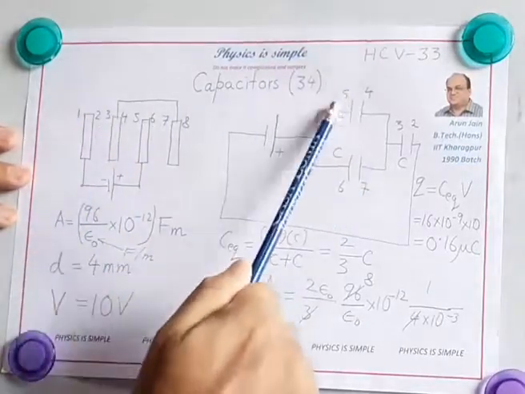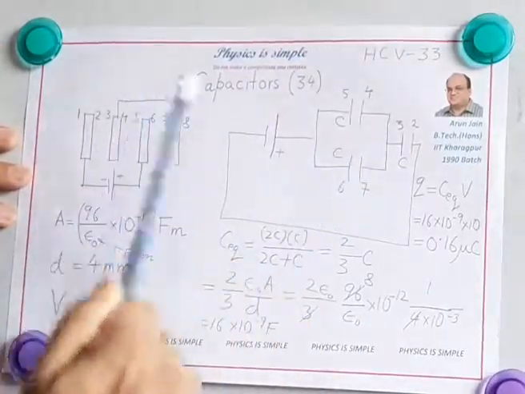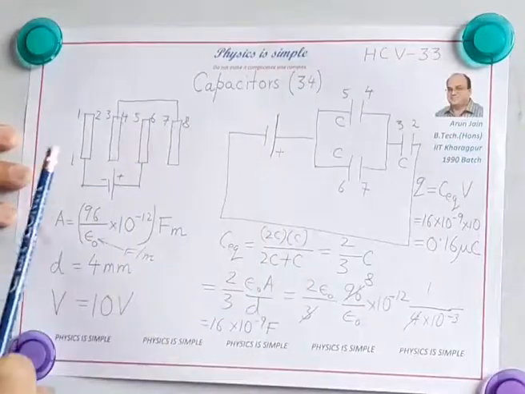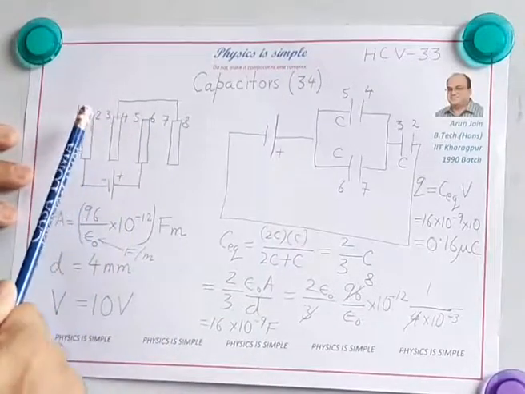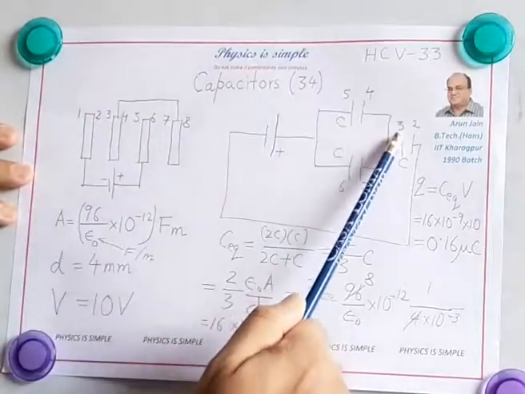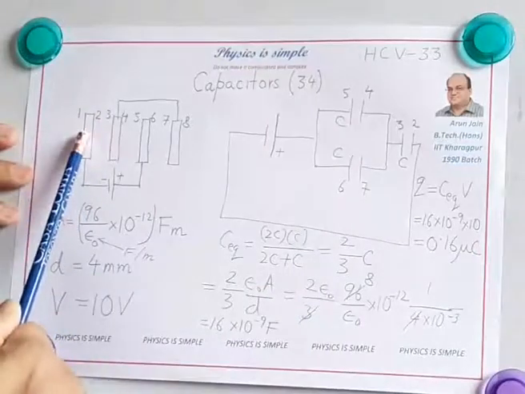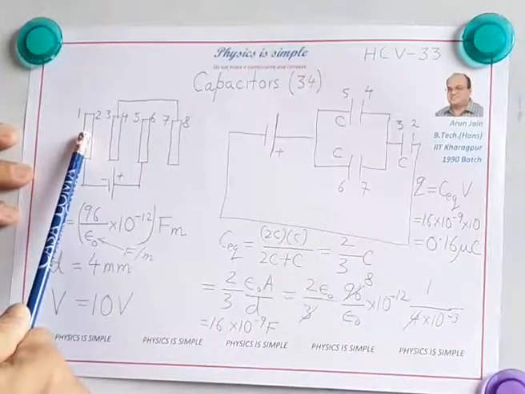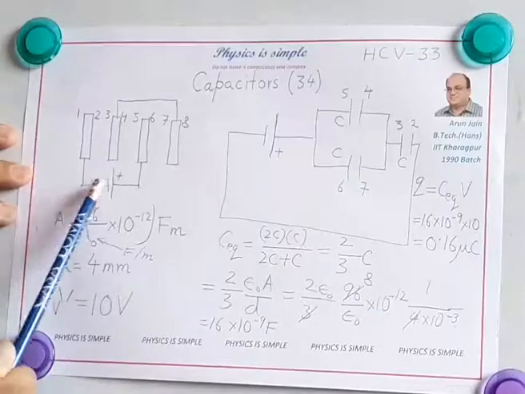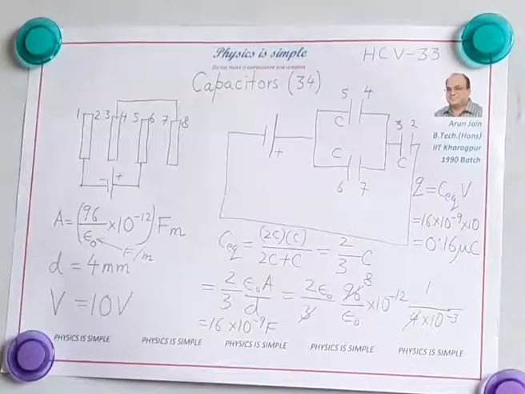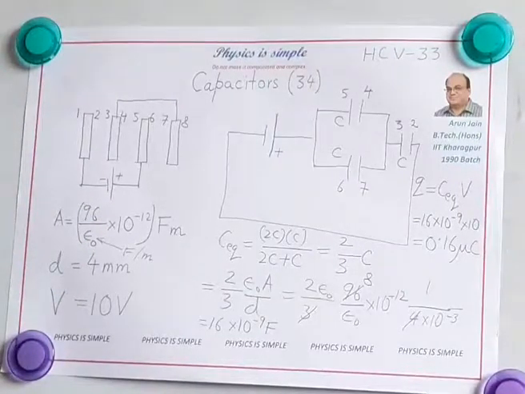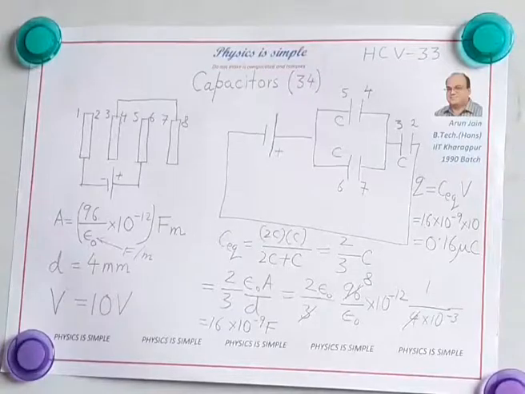Between 5 and 4 there is a capacitor. 4 and 7 are connected, so we connected them. And 4 is connected to 3. Between 3 and 2 we have a capacitor, and this 2 is connected to the minus terminal of the battery. And then it was a simple series parallel question.